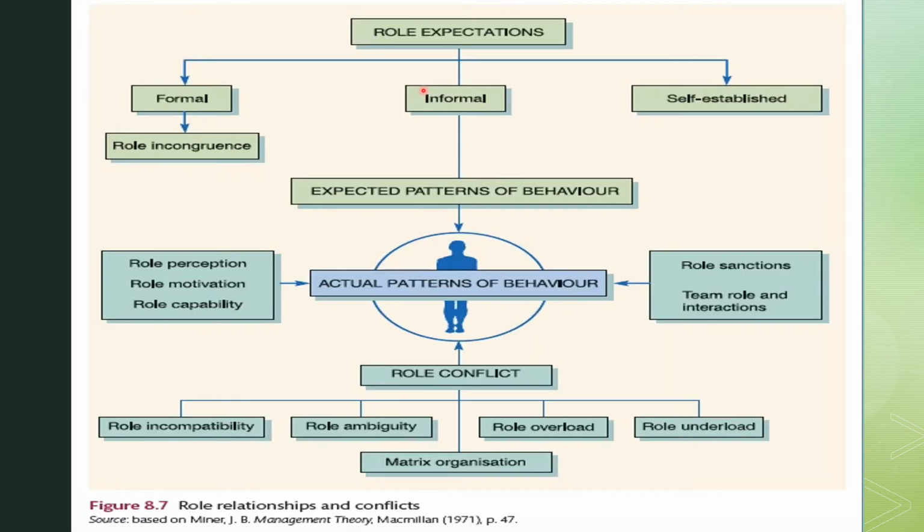All right, slide 5. Role expectations. Again, these are all being led down or up or side to side into the actual patterns of a person and their behaviors. So role expectations: formal, informal, self-established. Formal has another offshoot, so role incongruence, meaning not together, right?